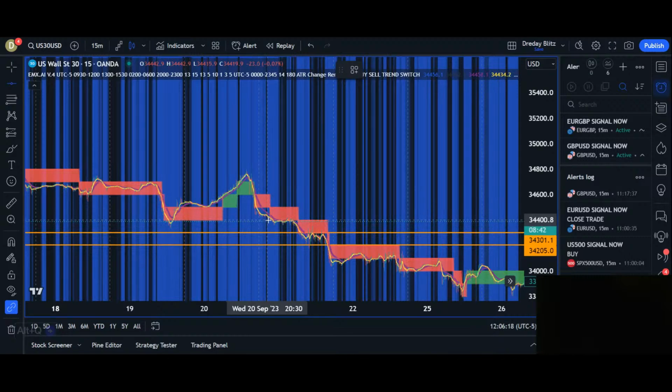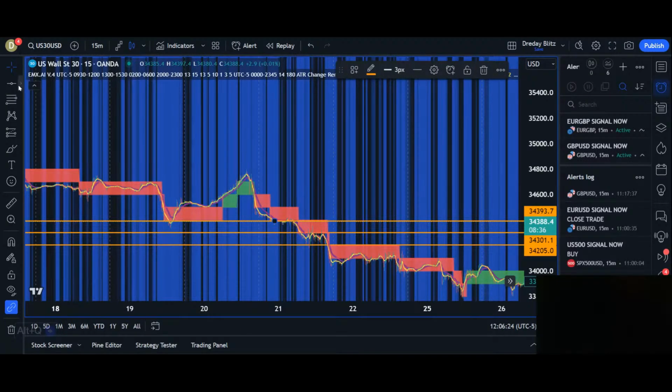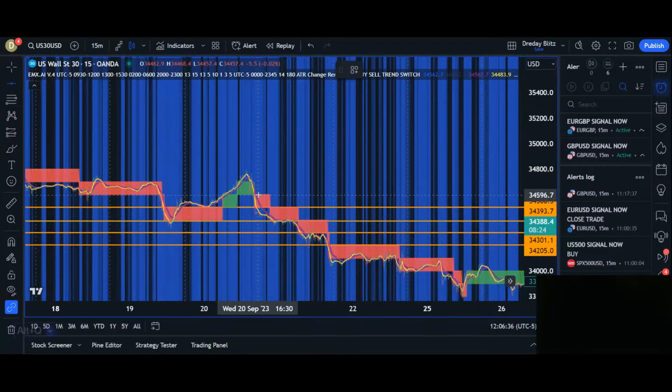Right? So the next range, you can always already plot your lines to see exactly where we should expect the price to go. So if you look at right here, that's the next range. I'm just going to plot my lines until the top of this Renko, the last swing here, and here.